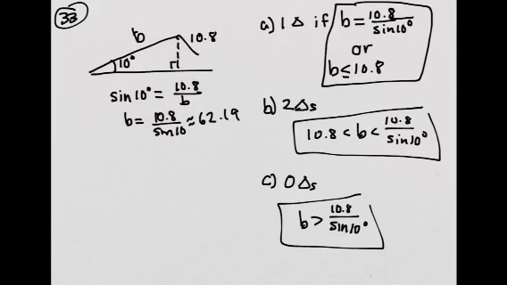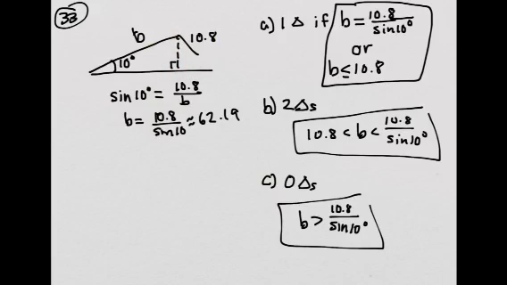So what would give you one triangle? Well, first, if b equals this amount, then I know it's a right triangle. The other way that you get one triangle is if b is less than or equal to 10.8. So if this side is 10.8 or smaller, then you get one triangle. Over here I'll go to C. To get 0 triangles, remember this is what makes 10.8 go straight down, perpendicular to the base.